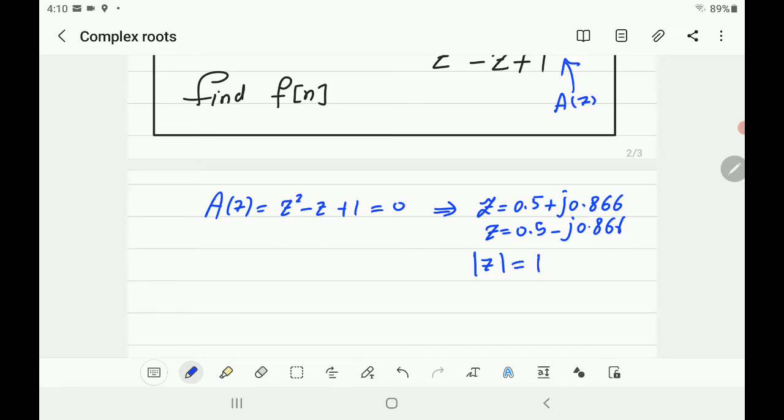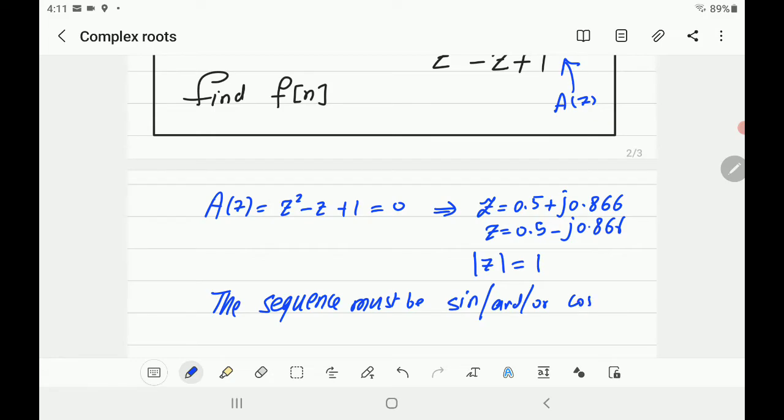The result, the sequence must be sine and or cosine, maybe both.